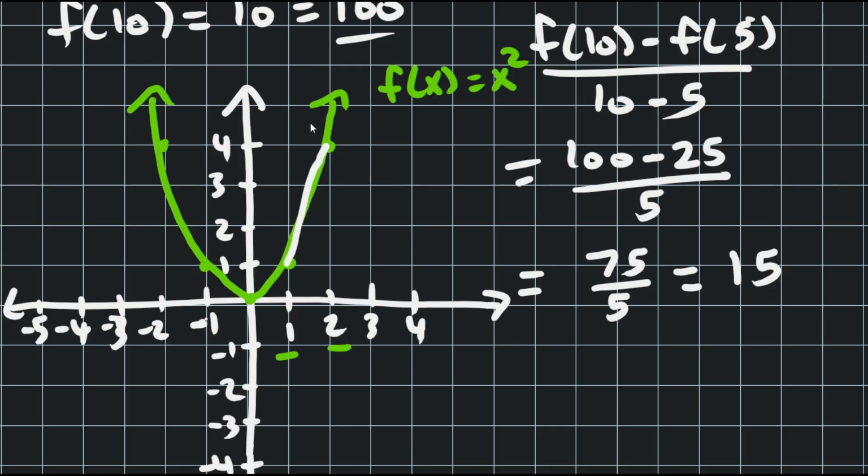But in the higher values, as you can see, x squared gets steeper and steeper as you go up. In fact, right over here at x equals 0, it's completely flat. Over here, it gets a little more steep. Over here, it gets steeper, and it gets very steep as x increases.